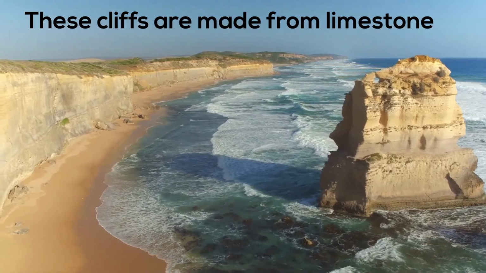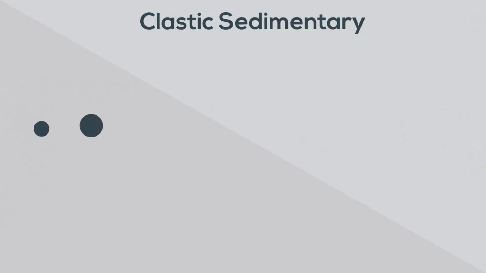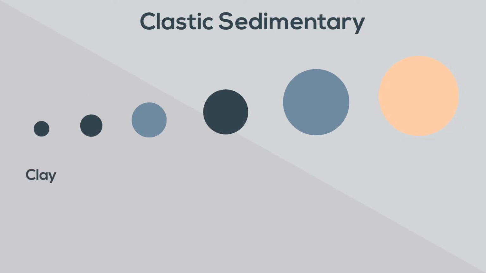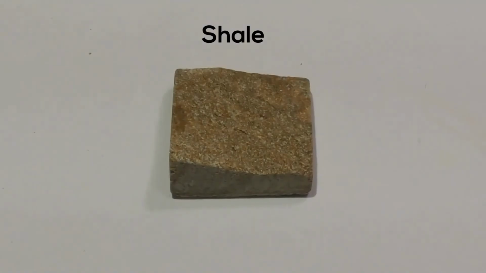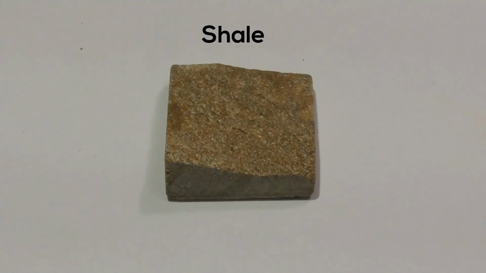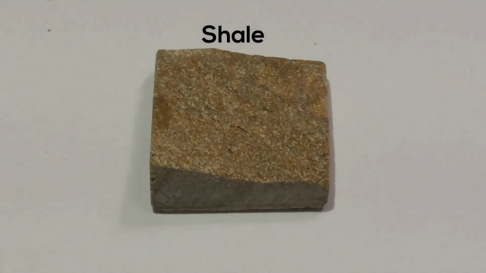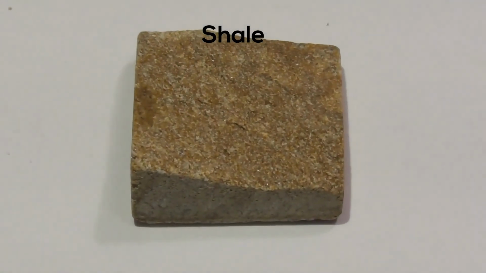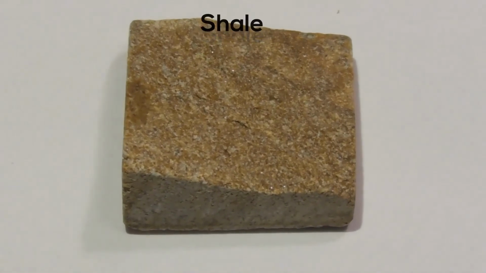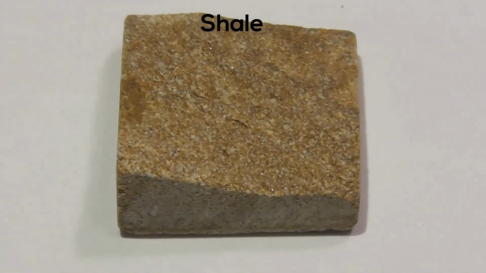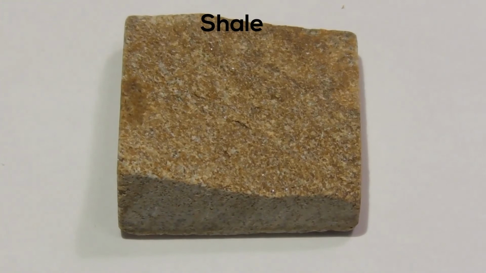Clastic sedimentary rocks are subdivided according to the dominant particle size. These particle sizes are ranked from smallest to largest. Clay is the smallest, then silt, sand, gravel, pebble, and boulder. Up first, shale. Shale is a fine-grained, clastic sedimentary rock composed of mud. This mud is a mix of flakes of clay minerals and silt-sized particles of other minerals, especially quartz and calcite.